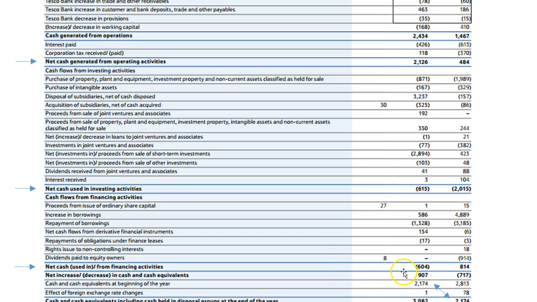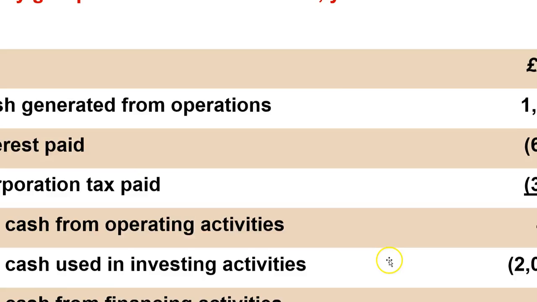Net cash from financing activities, and that's cash used from financing activities, whether that's repayment of creditors, net repayment, or what we'd have to have a look at some of these notes. Repayment of borrowings, that's obviously a use of cash. And increase in borrowings is a source of cash, just as increase in creditors was.